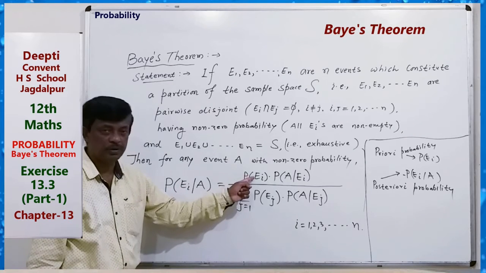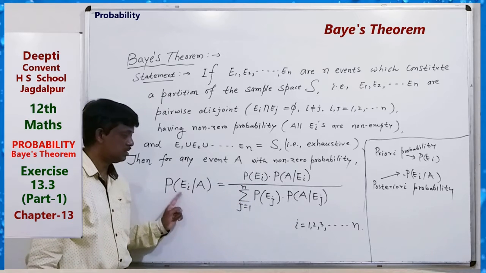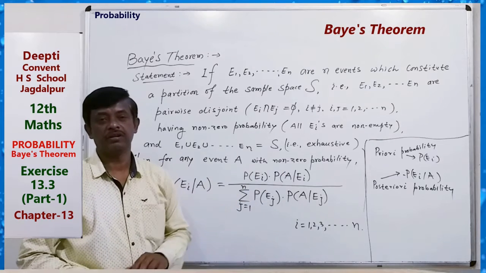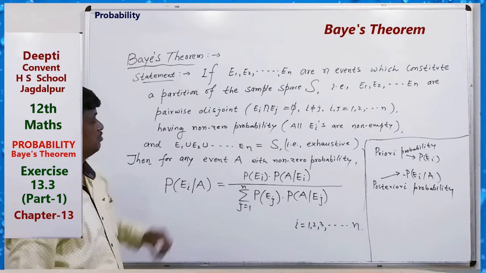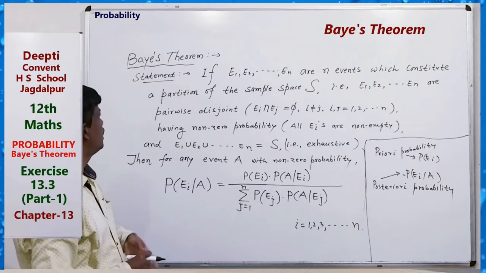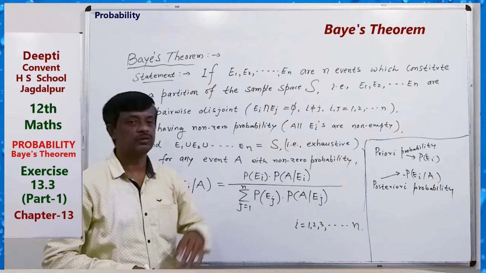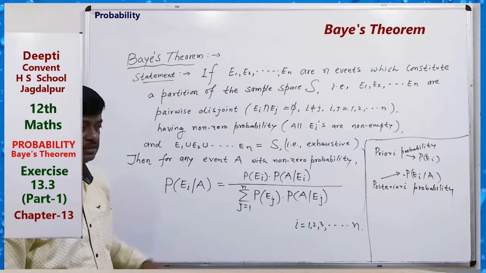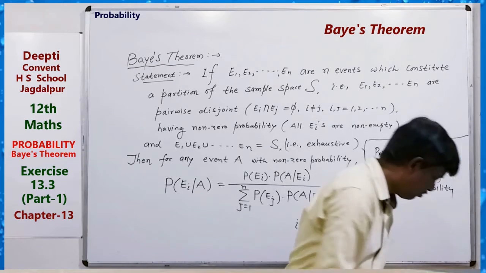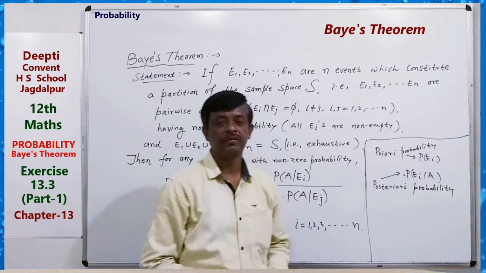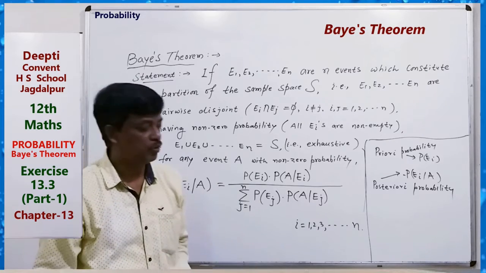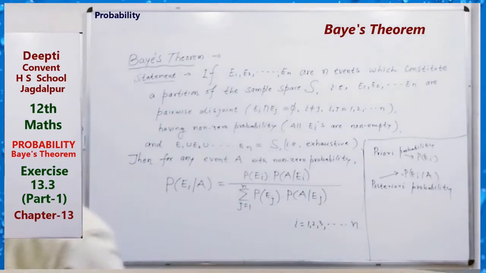This is the main formula of Bayes theorem. It can be proved very simply. Just remember it always, because by using it we have to find solutions of important questions in the next exercise.